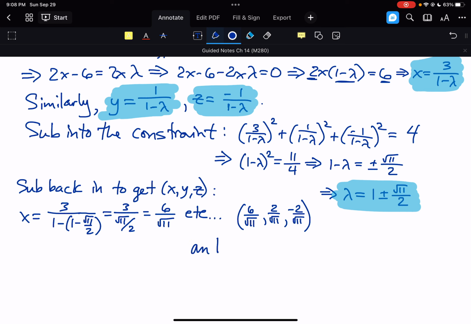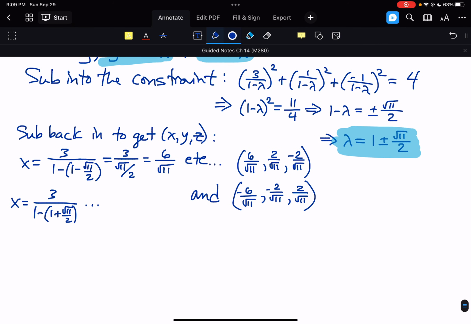And if we substitute in the plus case, so if we did x equals 3 over 1 minus (1 plus rad 11 over 2), we end up just getting the exact opposite. So we get negative 6 over rad 11, negative 2 over rad 11, and positive 2 over rad 11. So we get these 2 points.